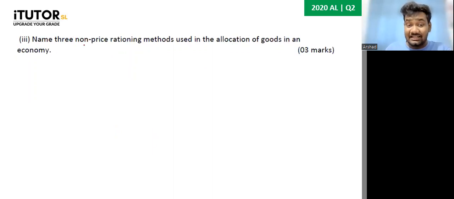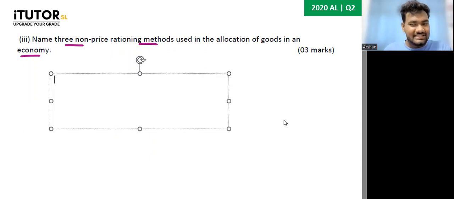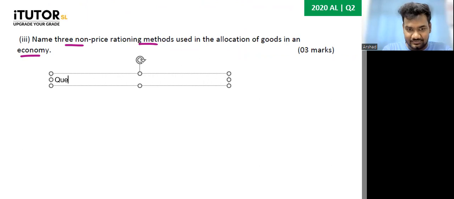Name 3 non-price rationing methods used in allocation of goods in the economy. You saw a lot of these during the Aragalaya time. Apart from the price mechanism, what are other ways that can be used to allocate goods? Okay, so queuing system.